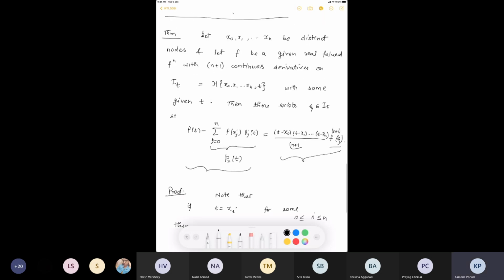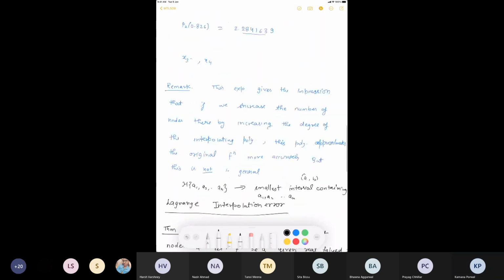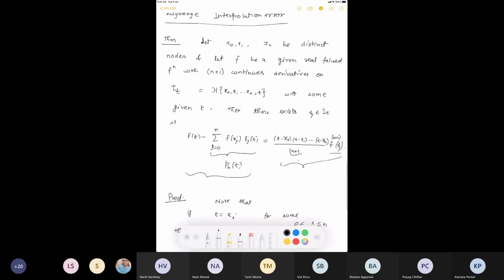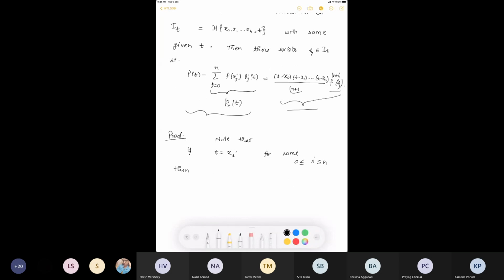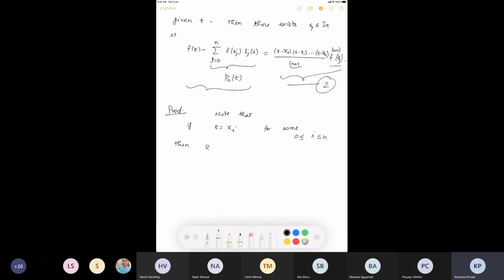So let's give it an equation number here. I think this is equation 2. Then what is going to happen to the RHS of 2? t is one of the node points, so this is 0. And what will happen to the LHS?